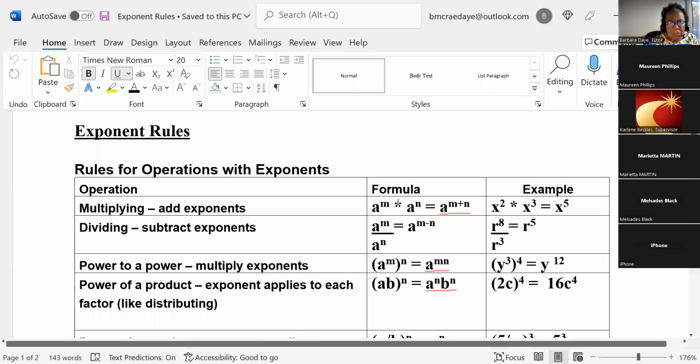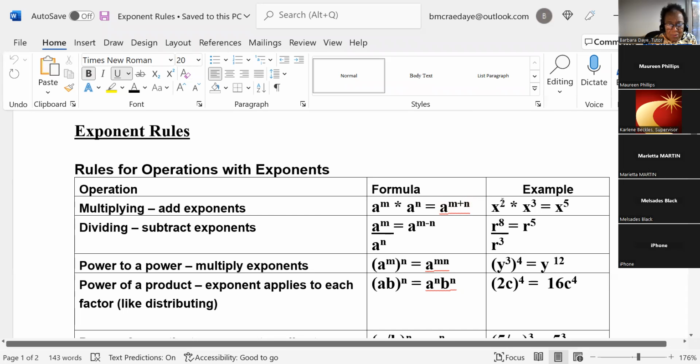That's right, because you multiplied 4 times 5. Like here, you multiply A times A, and it has powers. The power on this A is M. The power on this A is N. And when you multiply, you add the powers. You got it?